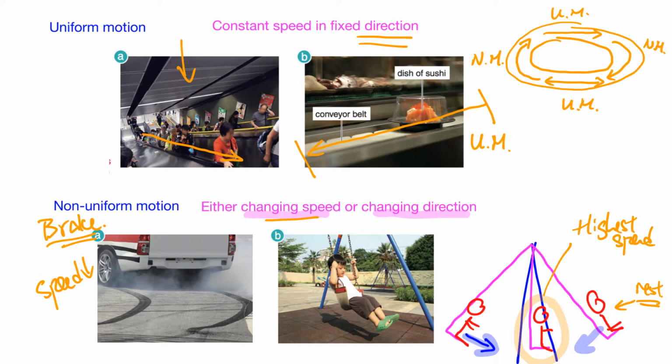That means you're not moving, just like floating in the air. So the speed is changing from this position to this position. Not only the speed of the person but also the direction changes. So playing on a swing is also an example of non-uniform motion.